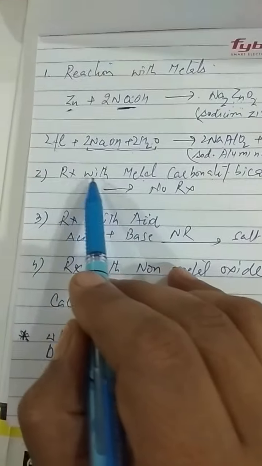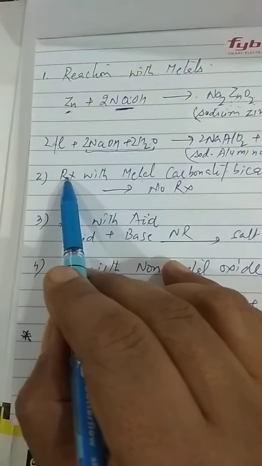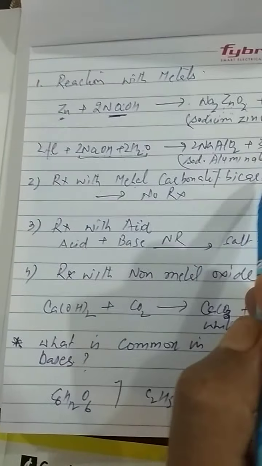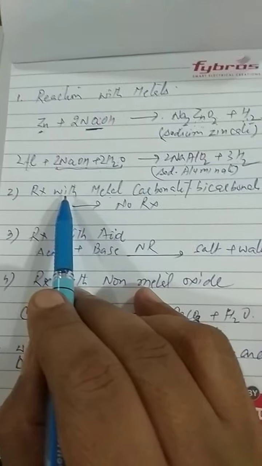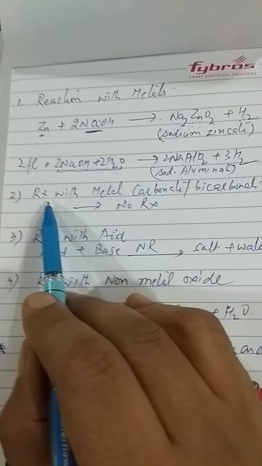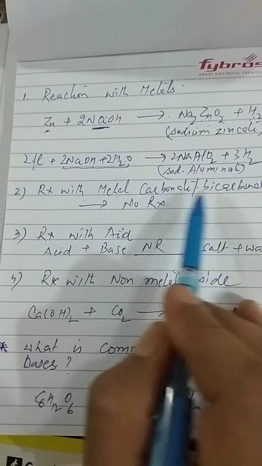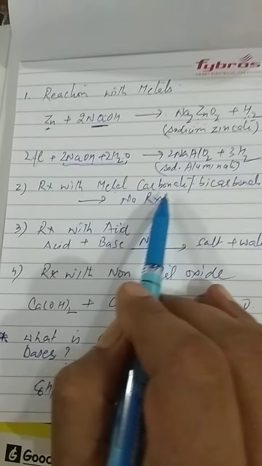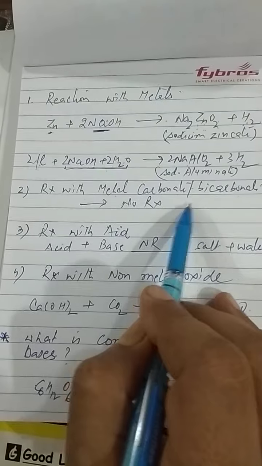Now, reaction of base with metal carbonate and bicarbonate. You know that when acid reacts with metal carbonate and bicarbonate, it forms salt, water and carbon dioxide.